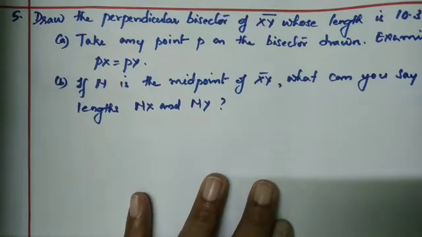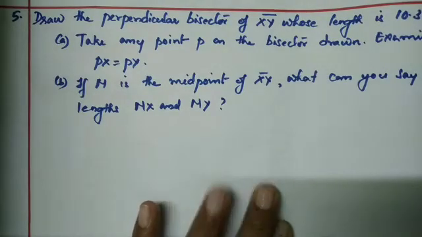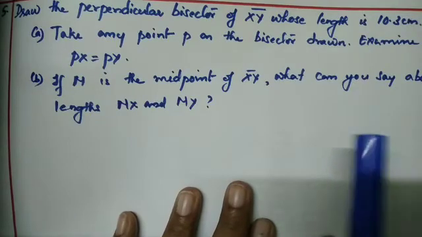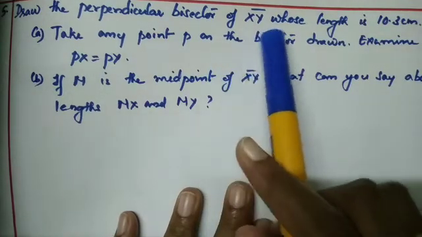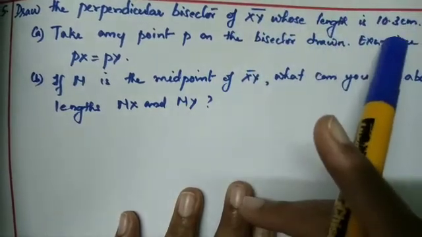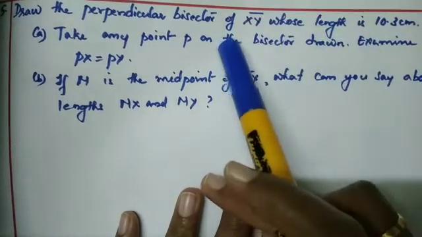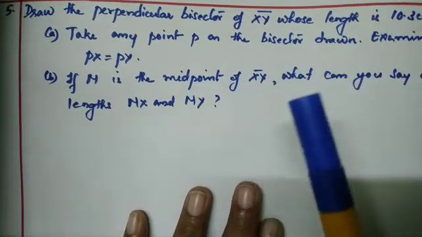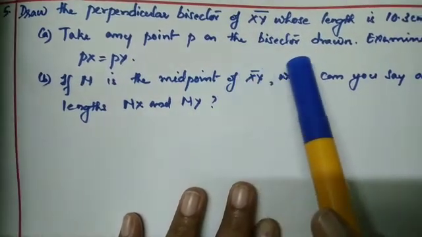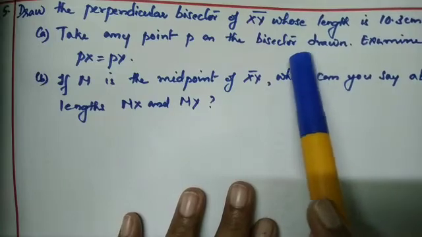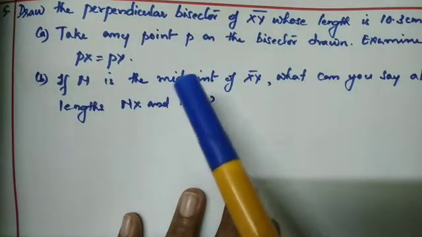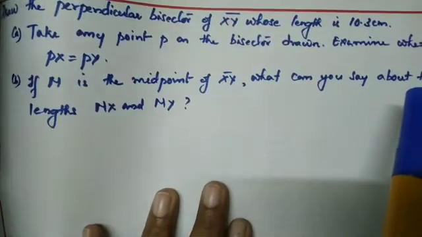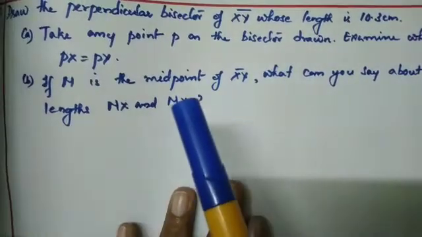Next question. Draw the perpendicular bisector of XY whose length is 10.3 cm. First you have to draw the line segment XY, whose length is 10.3 cm. Then, first question, take any point P on the bisector drawn. Examine whether PX equals PY.